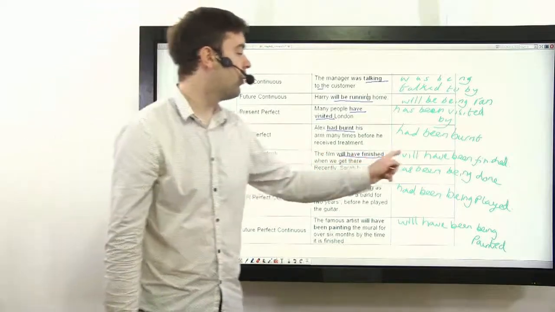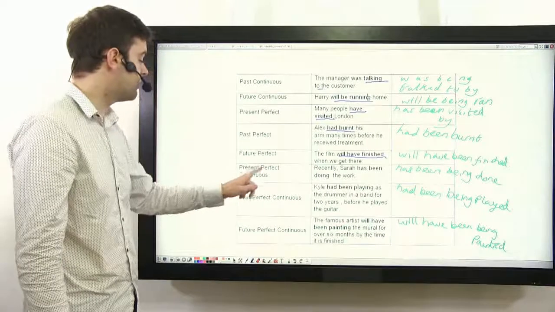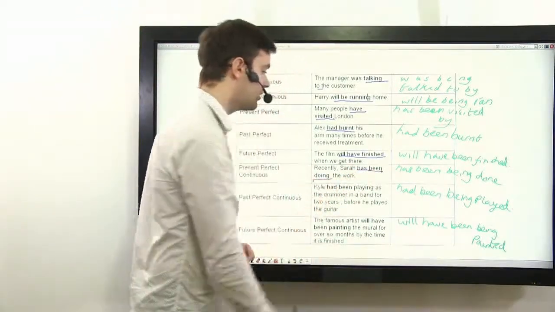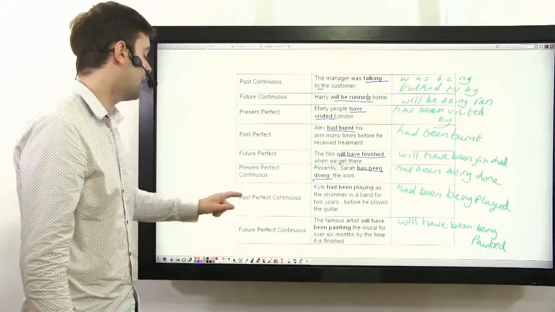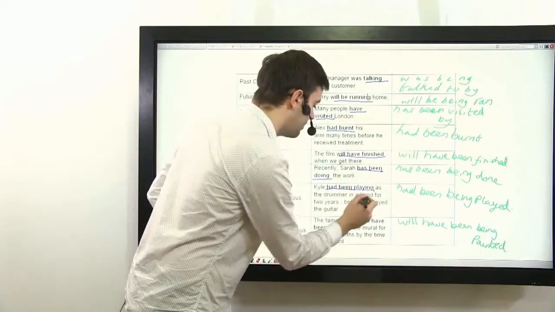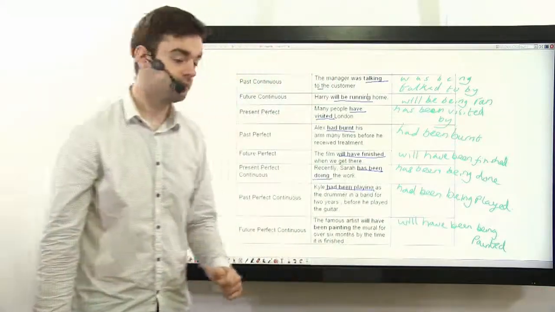Changes to will have been finished. Present perfect continuous. Has been doing. Changes to has been being done. Past perfect continuous. Had been playing. Had been being played.